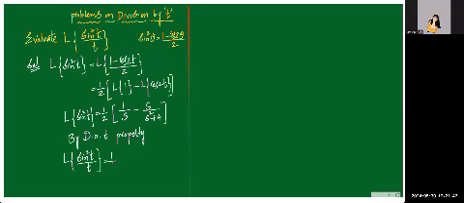So 1 by 2 is anyhow an outside constant term. So integral s to infinity of (1 by s minus s by s square plus 4) ds. With respect to s, we have to integrate. Now, just complete the answer and finish the problem.